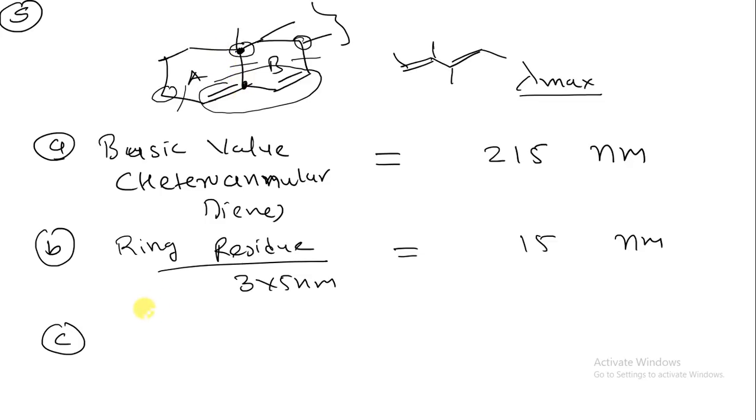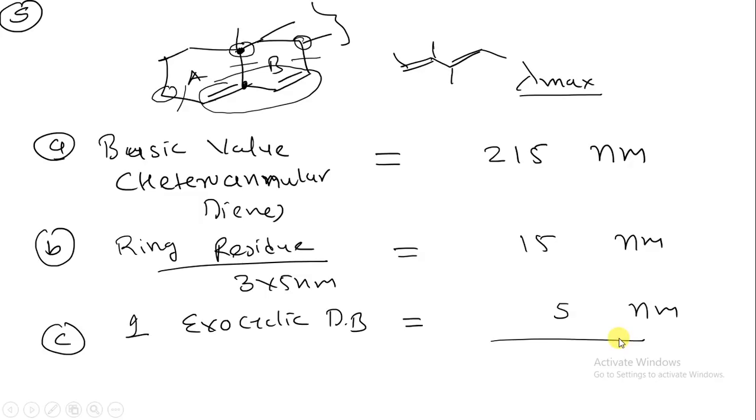So this structure has one exocyclic double bond. For each exocyclic double bond you have to add 5 nanometer. So there is one exocyclic double bond, so you have to add 5 nanometer. So 15 plus 5 is 20, 20 plus 215 is 235 nanometer. That will be your answer.